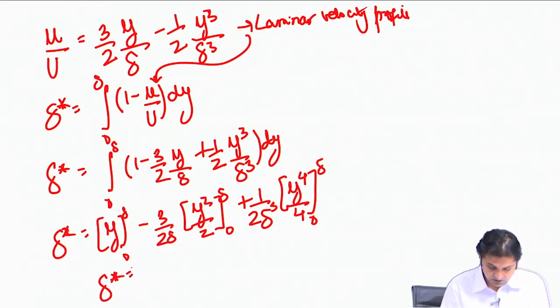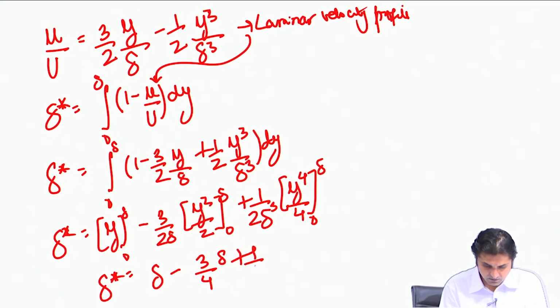The displacement thickness is going to be delta minus 3 by 4 delta plus 1 by 8 delta.